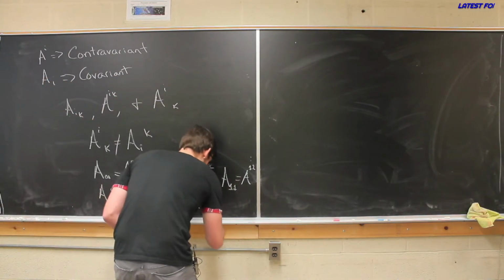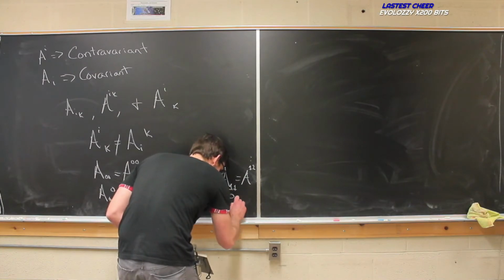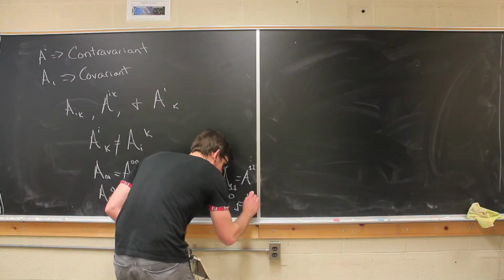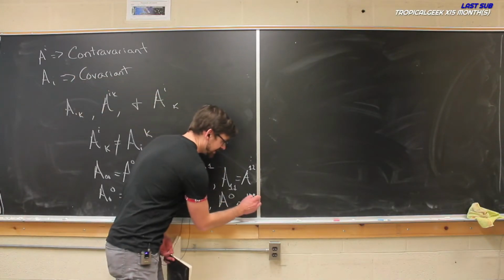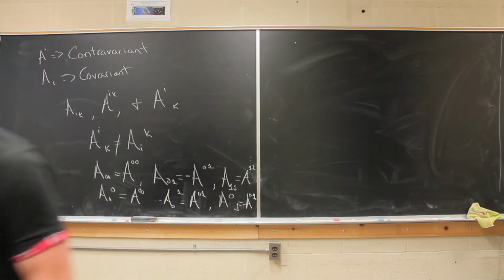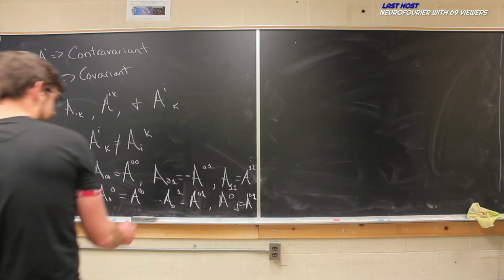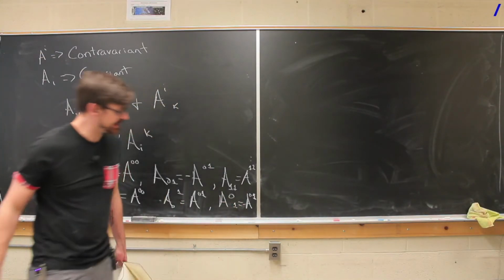But if we had the opposite, 0 upstairs and 1 downstairs, and we wanted to bring the 1 upstairs, then of course it negates itself. The sign then does, in fact, change.